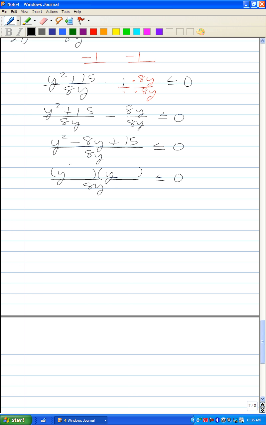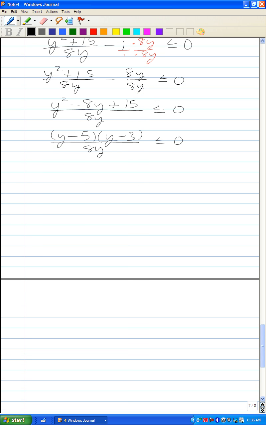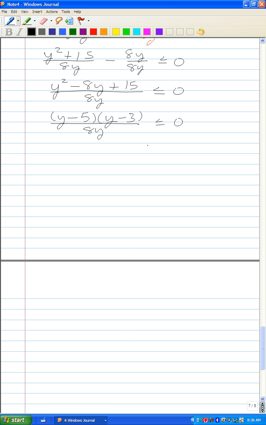I have a minus, so I'll bring down the minus. Times plus is minus. I want two whole numbers whose product is 15 and whose sum is 8: 5, 3. So now I've written this in factored standard form. And so let me determine my critical numbers.